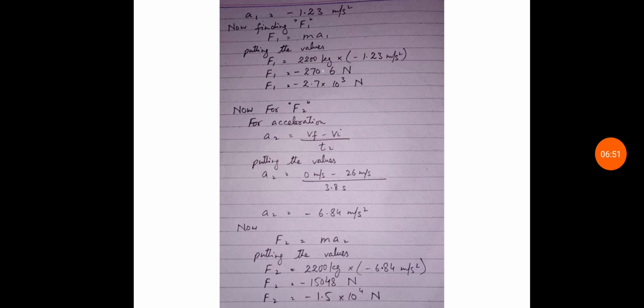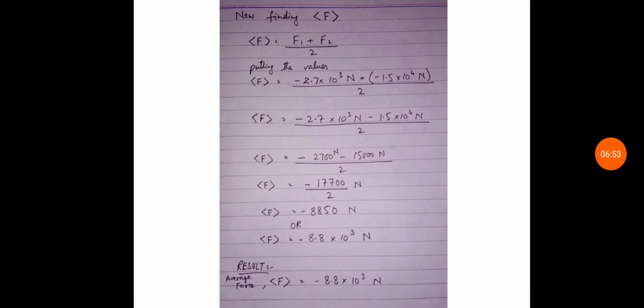Now here we have found F1 and F2. So finally we find average force, that is F1 plus F2 divided by 2. F1 equals minus 2.7 into 10 raised to power 3 Newton. F2 equals minus 1.5 into 10 raised to power 4 Newton. 2.7 multiplied by 10 raised to power 3 equals 2700 Newton, and 1.5 into 10 raised to power 4 equals 15,000 Newton.